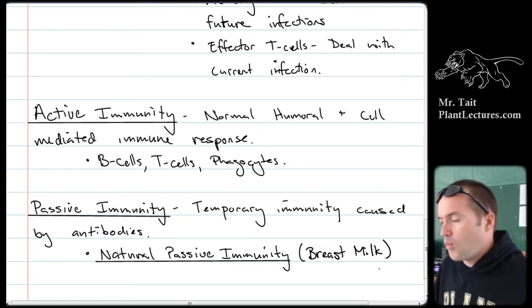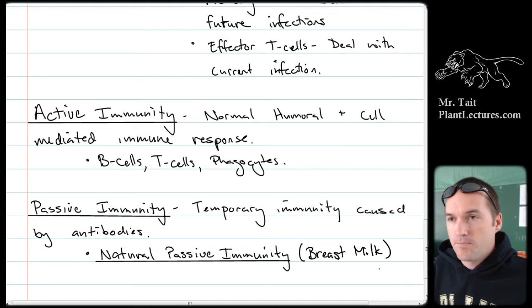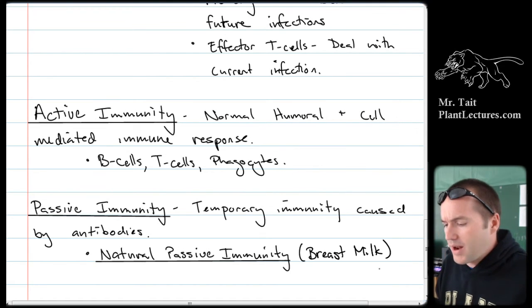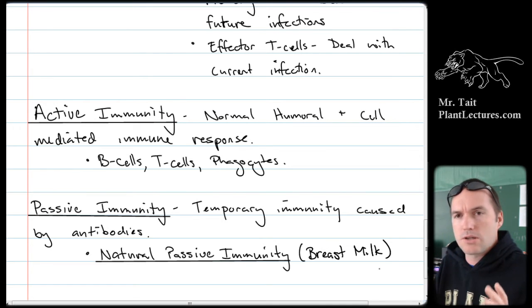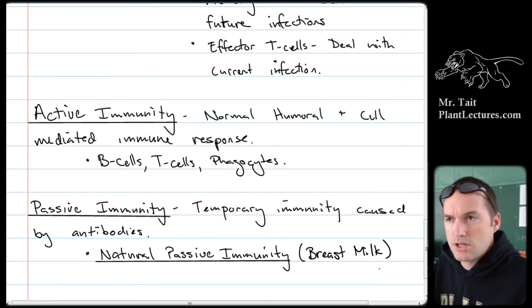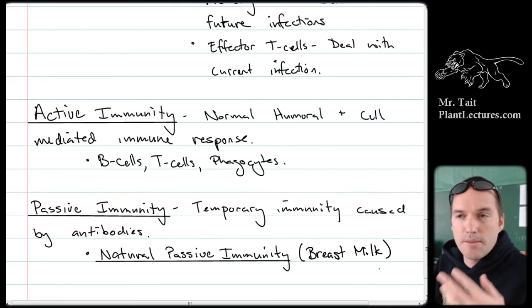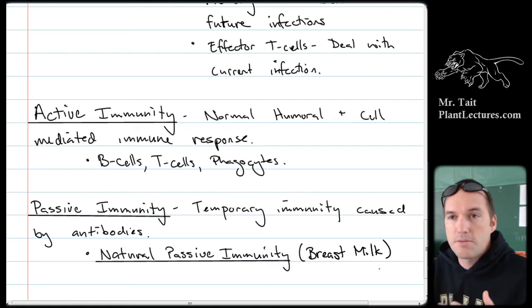So why is this good? Well, essentially what happens here in passive immunity is that the baby's immune system is all being handled by the mother. The mother is passing on these antibodies, and the antibodies are solving any problems that the baby might have, solving any infections that baby might have.